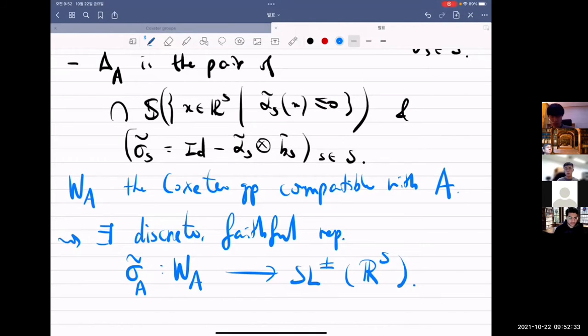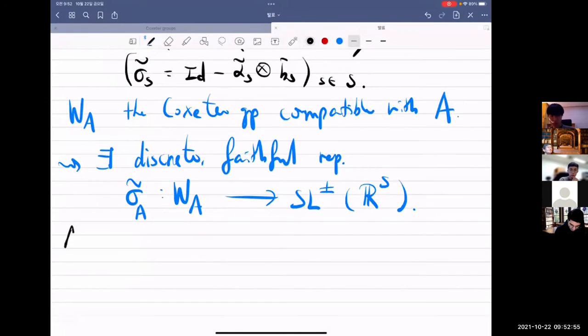Okay, so we can easily obtain this from the Cartan matrix. We construct the Cox simplex. Then this induces this discrete and faithful representation sigma A tilde.